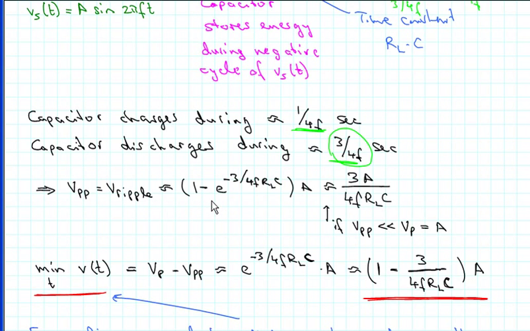And because a small exponential like e to the minus x for small x is approximately 1 minus x, we can use that in the formula up here. So the one here cancels, and we're actually just left with the exponent here. And that is approximately 3A over 4f RLC for the value of the ripple voltage.